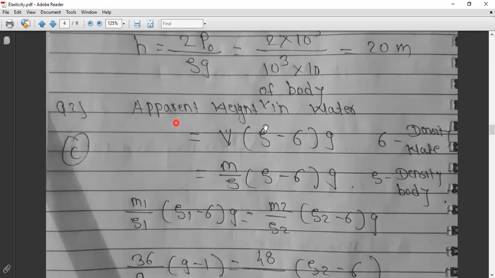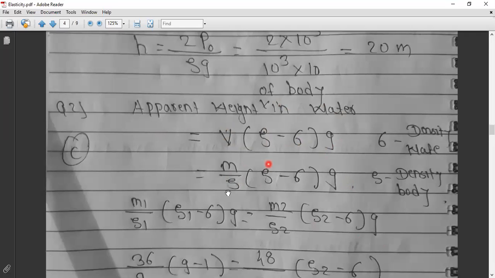So we just use this concept, that is the apparent weight of the body in a liquid. Write down m, volume into the difference in density, rho minus sigma, where rho is the density of body and sigma is the density of the liquid or the water. So put the value of volume, it is mass per density, times rho minus sigma into g.